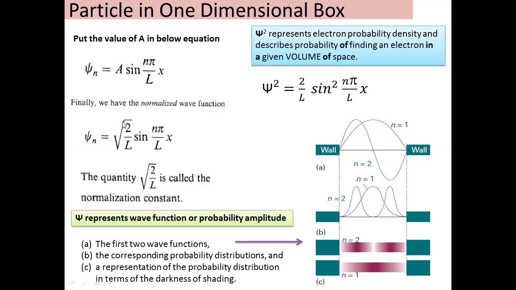The square root of 2 over L squared is cancelled, it will become 2 over L, and this is the sine square because you are taking the square of this. So by taking the square of the sine, you can find out the probability density, or the density of the electron at any of the positions over here with any of the energy levels.